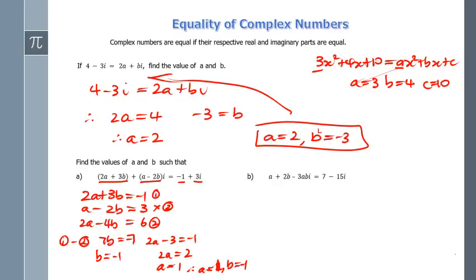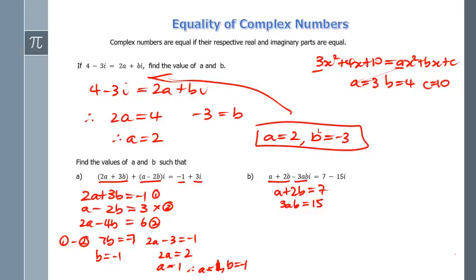Over here we've got our real part, so a plus 2b is equal to 7, and we've got our imaginary part, -3ab is equal to -15, so I'm going to say 3ab is equal to 15, make them both positive.